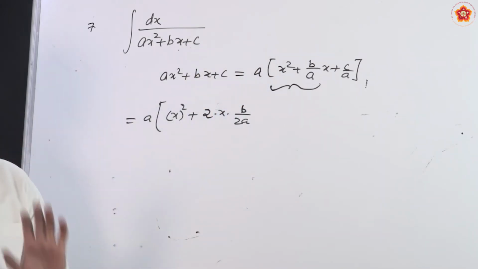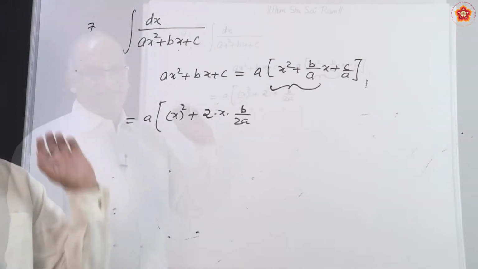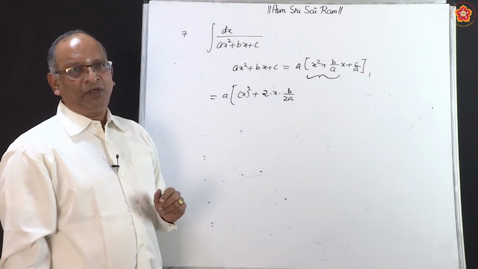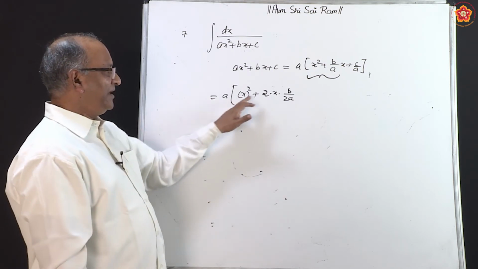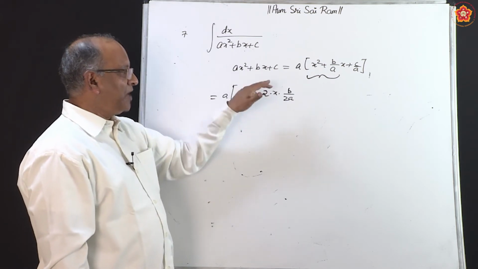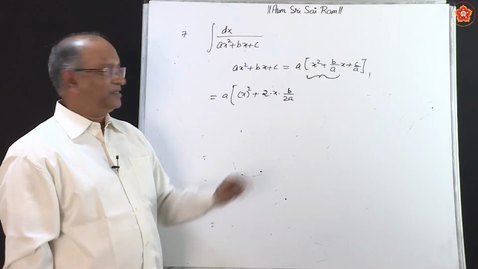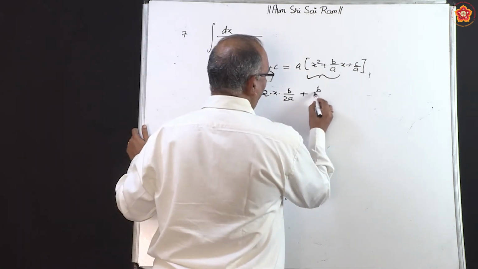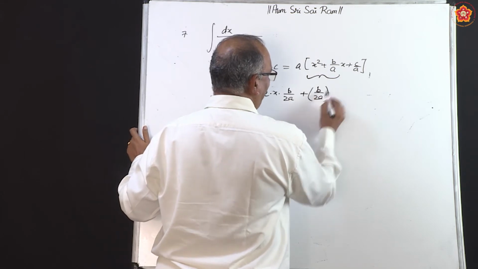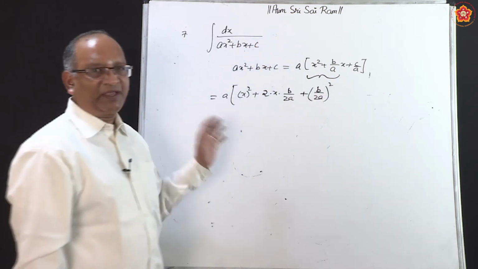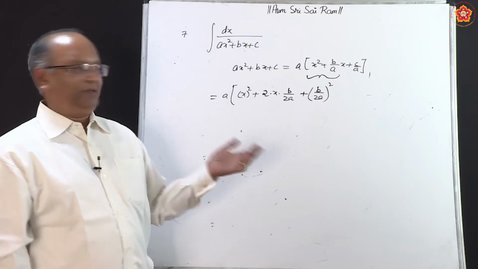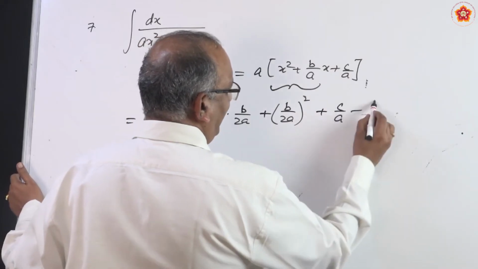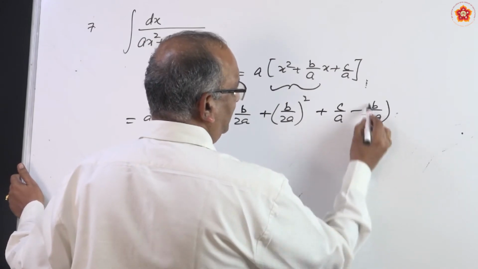This is called method of completion of squares, and the same procedure we followed there in 10th standard. What is the advantage? When we write in the terms of 2ab, now you get to know what is the second term. The second term is b by 2a. So, we require b by 2a whole square. But simply you cannot add some term. Since we cannot add, we subtract the same term. So, we say plus c by a minus b by 2a whole square.